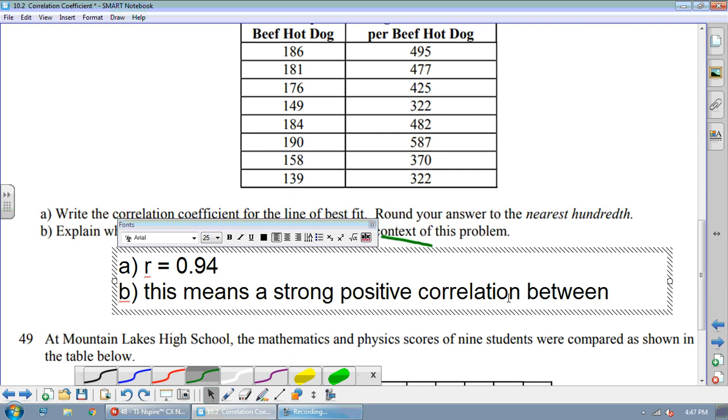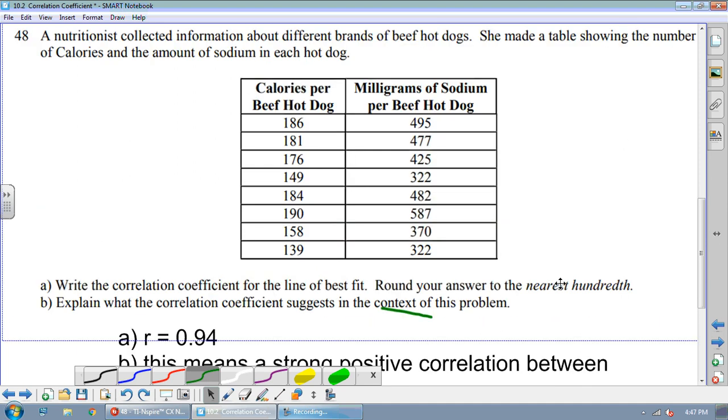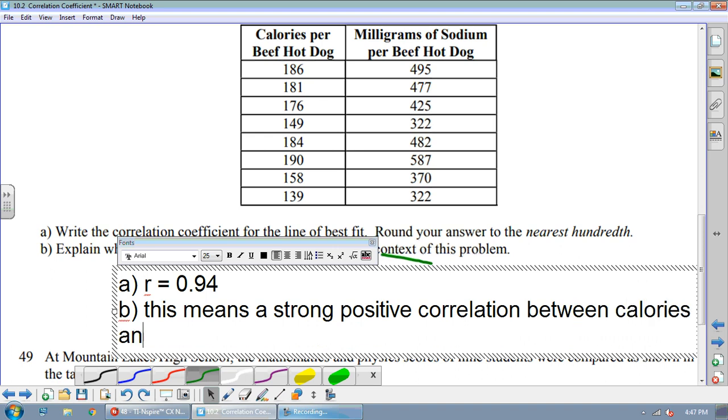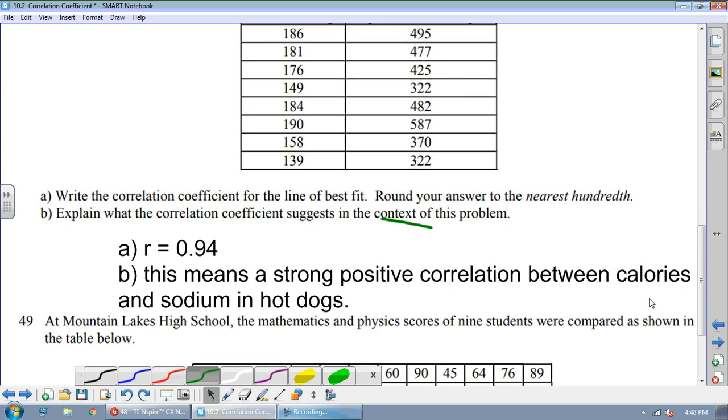Well, the problem was talking about, look at the chart, calories per beef hot dog and milligrams of sodium per beef hot dog. So it looks like a strong positive correlation between calories and sodium in hot dogs. Apparently there's a connection between how many calories are in a hot dog and how much sodium is in the hot dog.